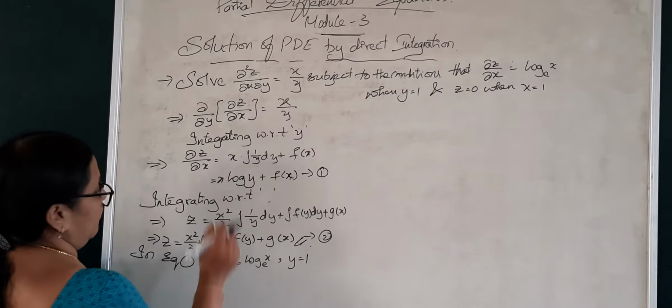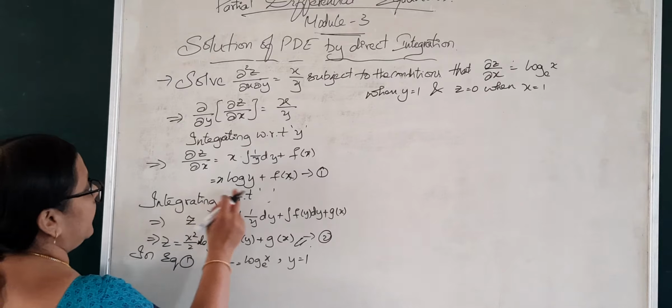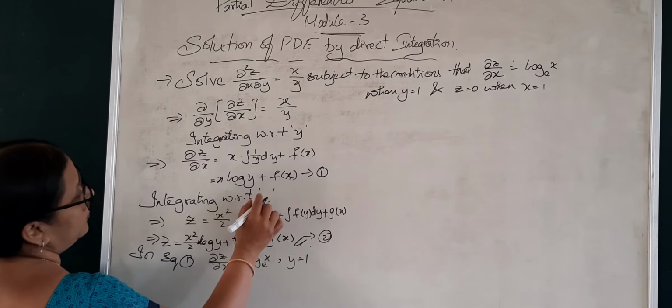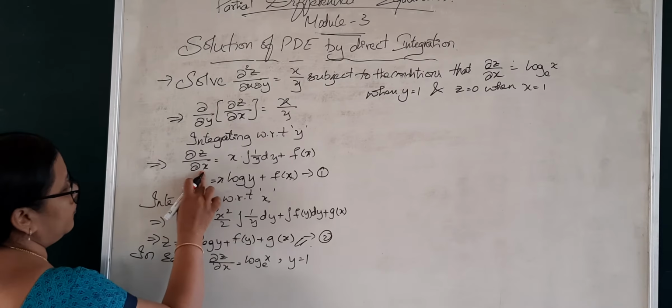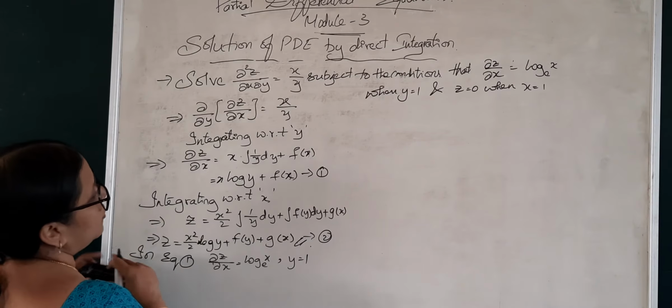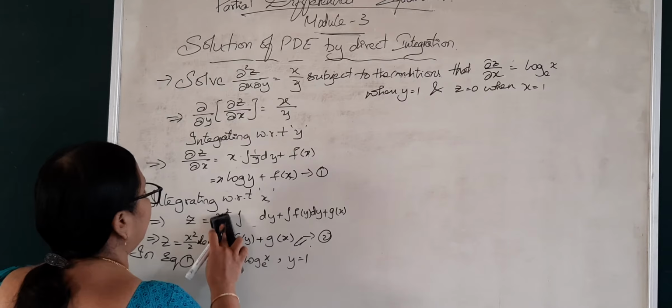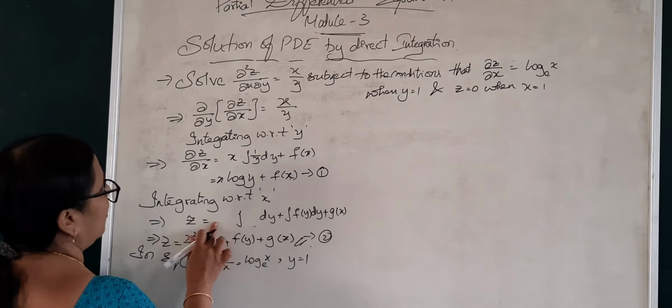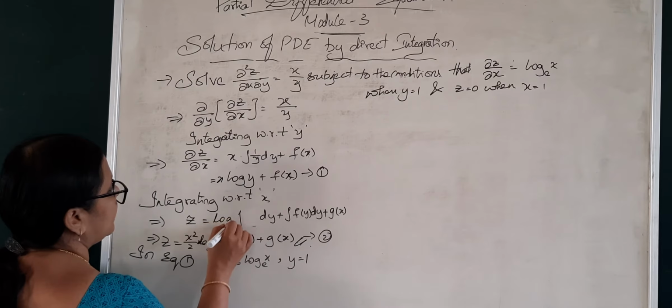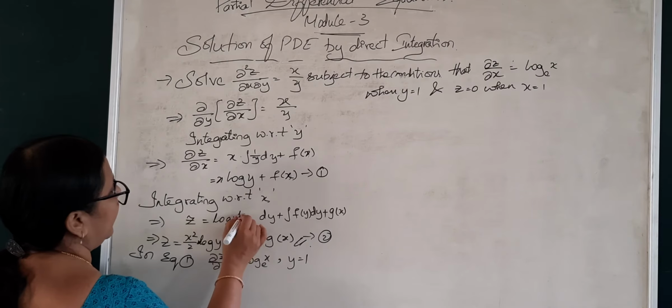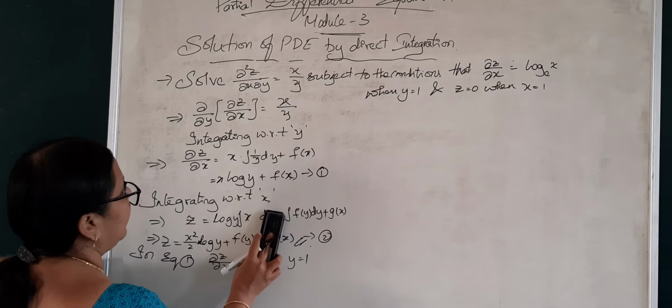Now this condition can be applied here. Okay. Similarly, now the second term we are going to integrate with respect to x to get rid of this. You get z is equal to, here we are supposed to treat y as constant. So treating y as constant, we will get log y as a constant as it is, and the variable here is going to be x with respect to x.